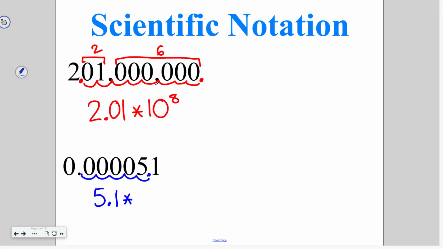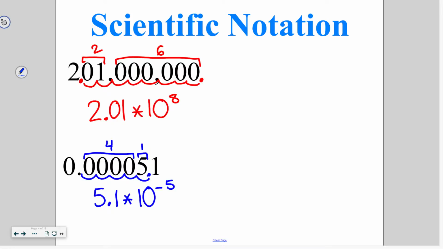Since we want the zeros to show up in the front of the number now, we are going to use a negative exponent. Again, you could count your zeros and say there's 4 zeros, and then there's 1 extra place to get to the new decimal, so we have -5 for our scientific notation.